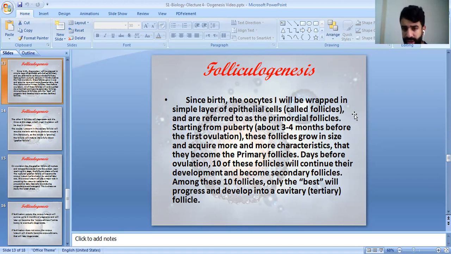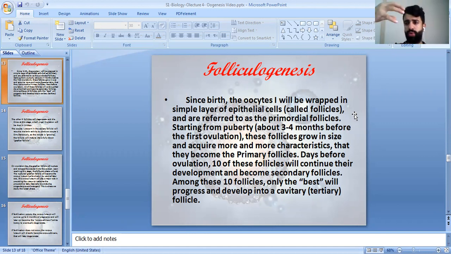Starting from puberty, about 3 or 4 months before the first ovulation, these follicles will grow in size. They develop. They acquire more and more characteristics and properties by enlarging in size, and they have specialties. These are called primary. So let's make a deal.